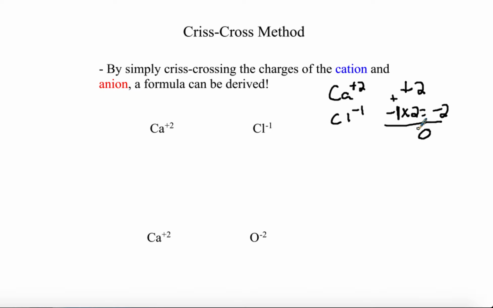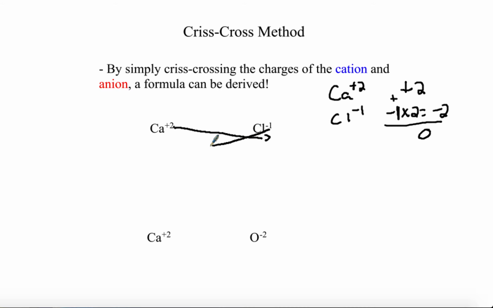But a much easier method is called the crisscross method. Essentially, by switching up the charges, it creates these subscripts, essentially finding some kind of form of a lowest common denominator thing. It's very, very simple. Just by taking the charge of the cation and the anion and crisscrossing them, you essentially get your formula here. What I mean by that, the 2 from the +2 calcium goes down to the chlorine.